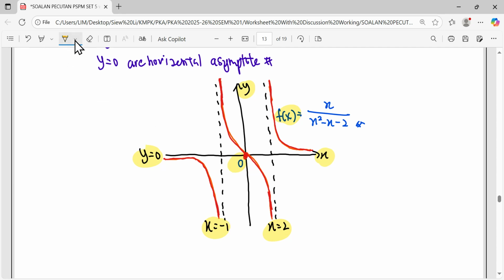So we will have 1, 2, 3, 4, 5, 6, 7. You must have 7 labels here to complete your graph. Alright, that's all for this.